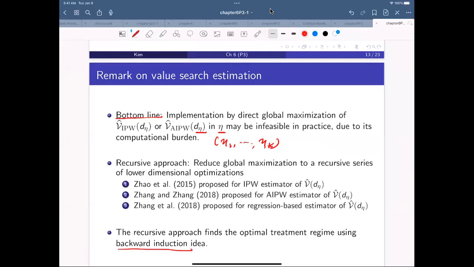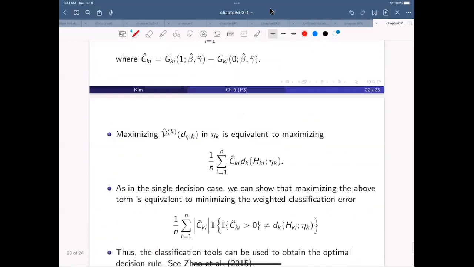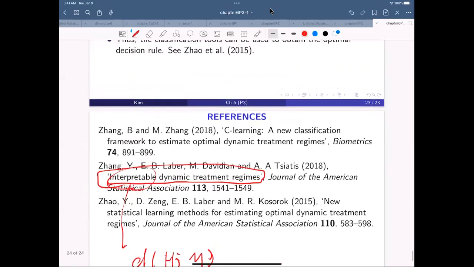They are all from the Davidian NC State group. They made a factory of papers on DTR and worked with Zhang and Zhang and Zhao and others. She's maybe from Canada. It started from a very small group, but it's exploding a little bit.